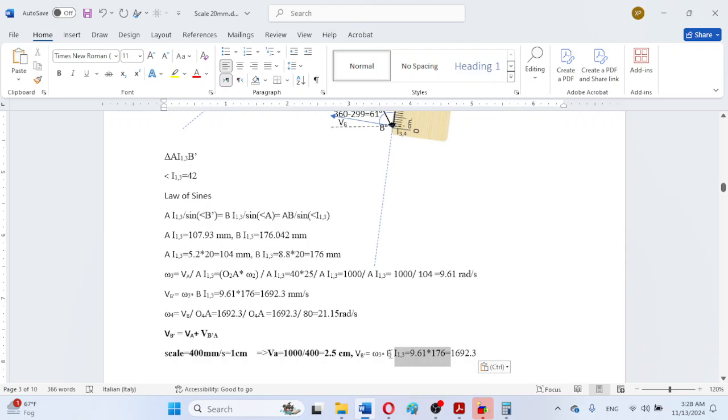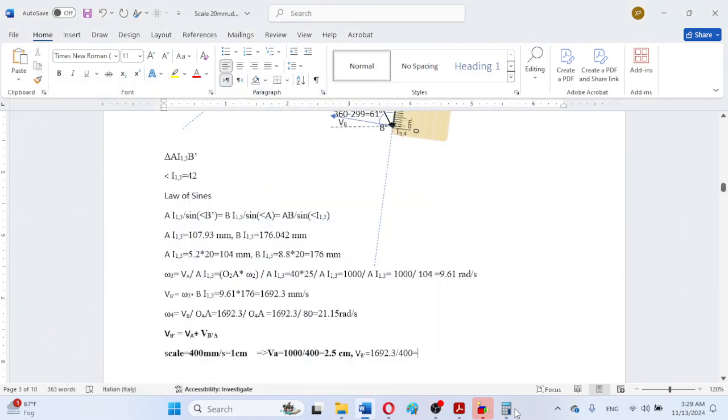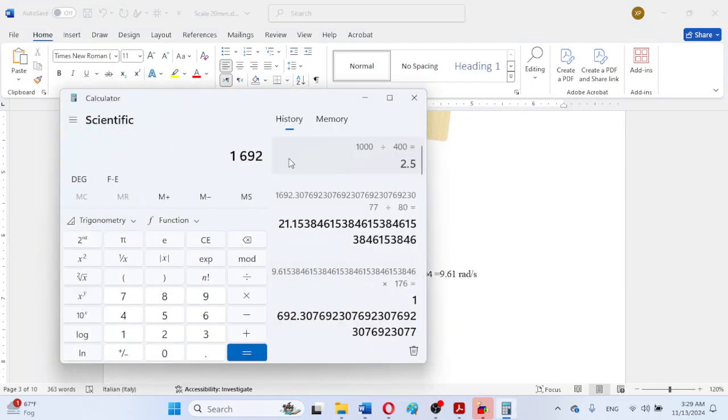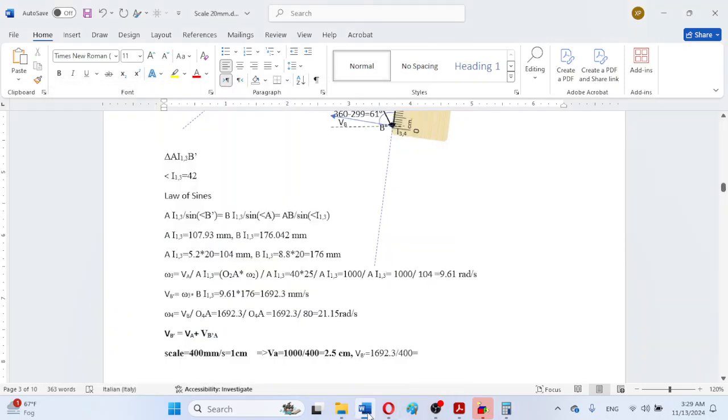So it is equal to 1692.3 divided by 400, so this comes out to be 4.23, so approximately 4.2 centimeter.